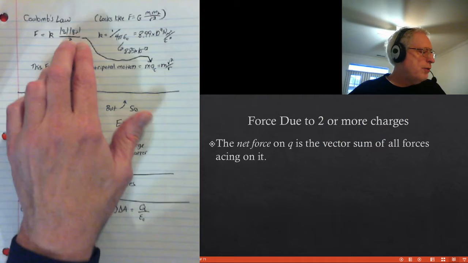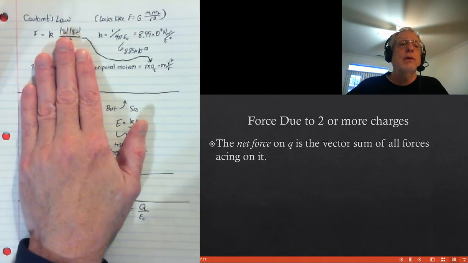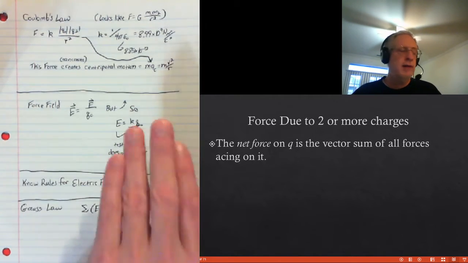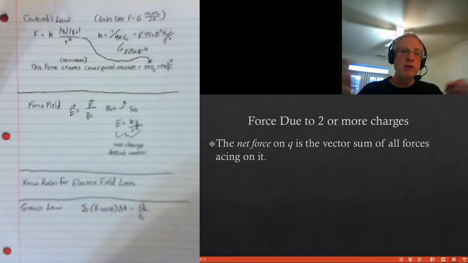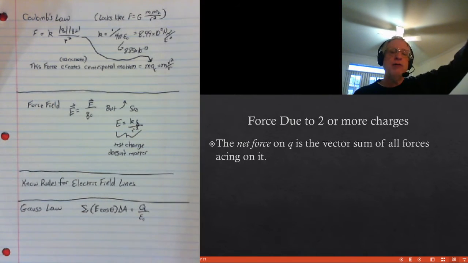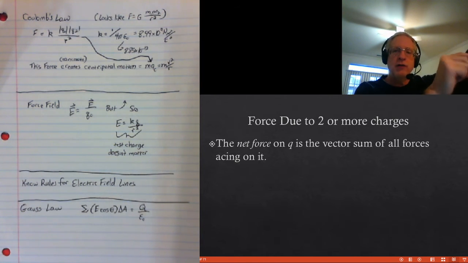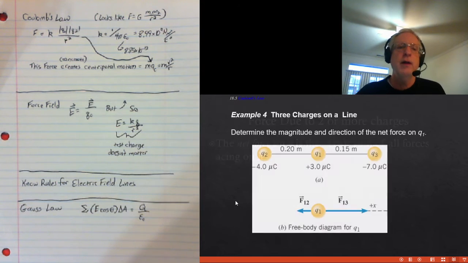So this is if I have two charges coming together. Well, what's the force due to two or more charges? This is the force between two charges, but what if I have charges out there in space and I introduce another charge to that space? What's the force on this new charge entering a space that already has force fields generated by other charges?